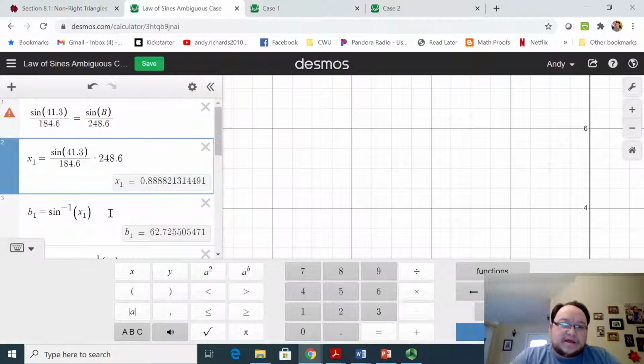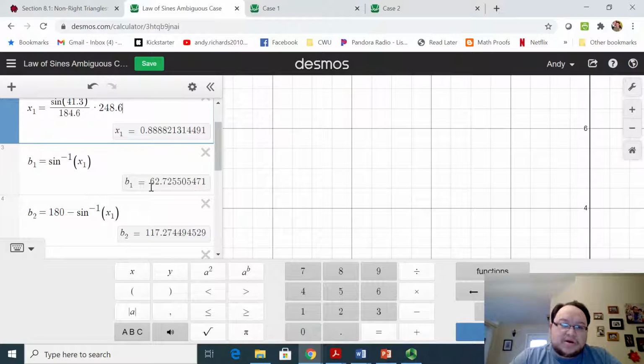However, if we were in the second quadrant, this would be our reference angle. So what we could do is take that angle, this inverse sine here, and take 180 minus that, and that would give us this. This is our second possibility, the other spot where sine of b could equal this 0.888, the other spot where it's positive.